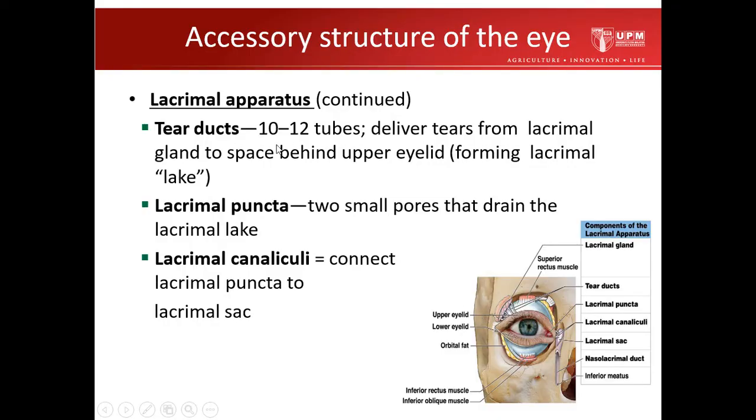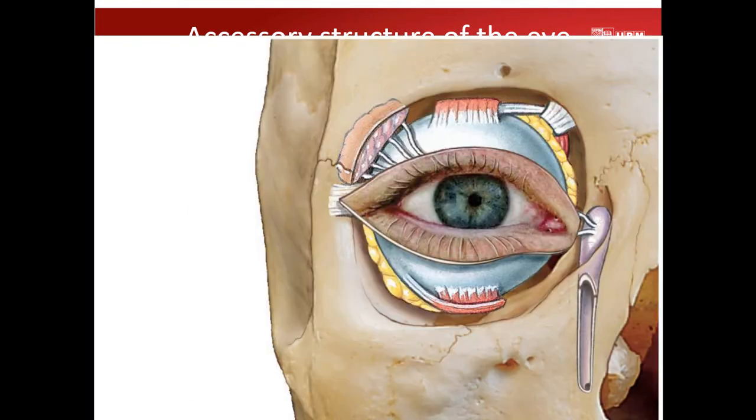There are 10 to 12 ducts that deliver tears from the lacrimal gland to the space behind the upper eyelid. The lacrimal puncta are the two small pores that drain the lacrimal lake, also known as the lake of tears.